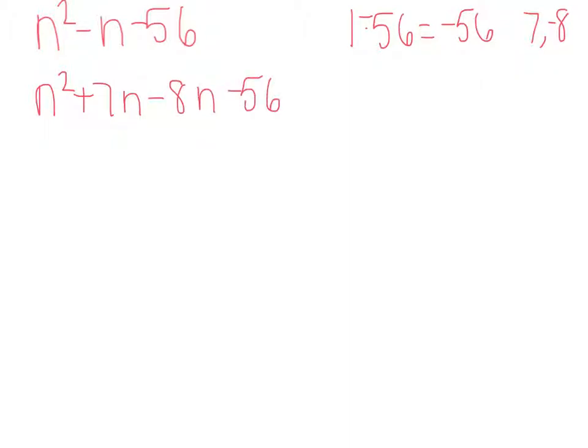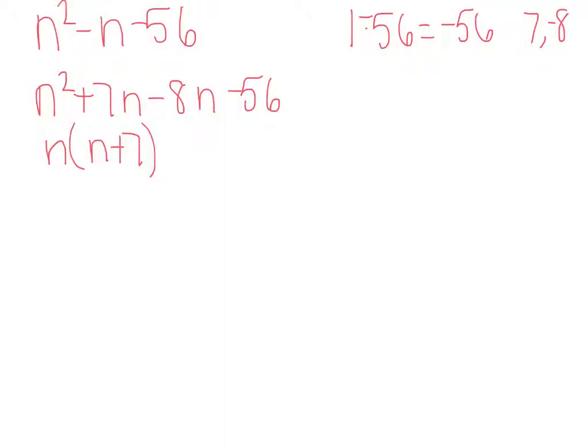Now I can group by taking my first part of the equation and the second part. So I can take a common factor of n first, and then it will have to be n plus 7 for the first part.